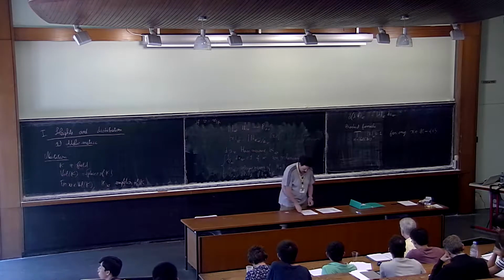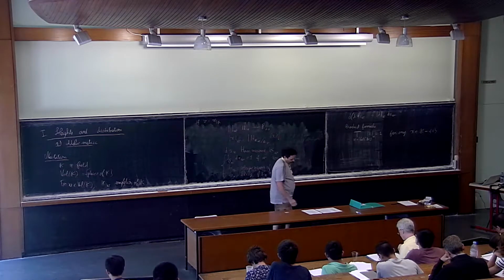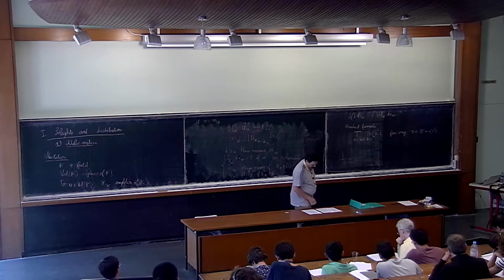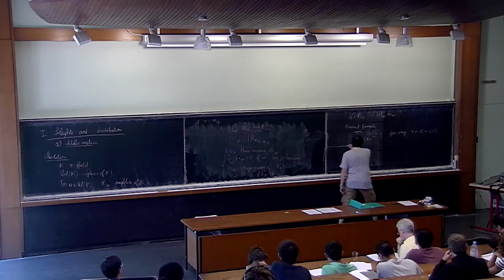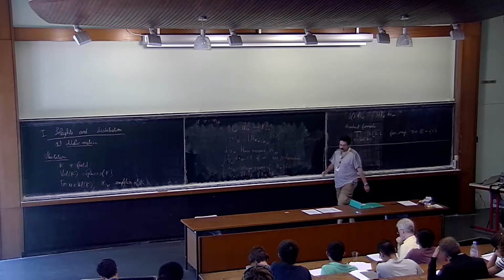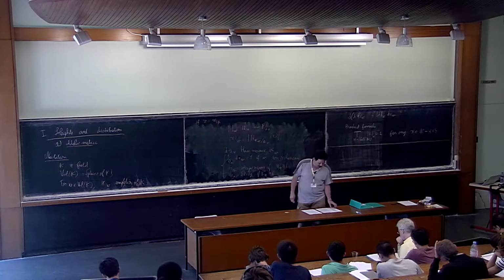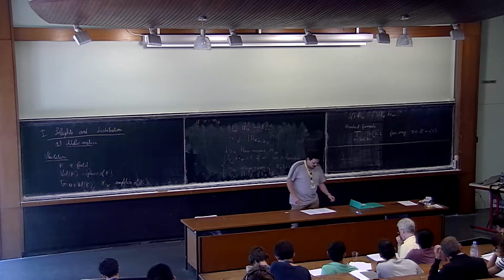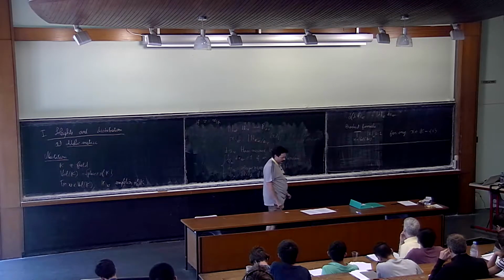Okay, so then I'm going to define metrics on varieties. I'm going to consider only nice varieties. So what is a nice variety? It will be a smooth projective and geometrically integral variety.